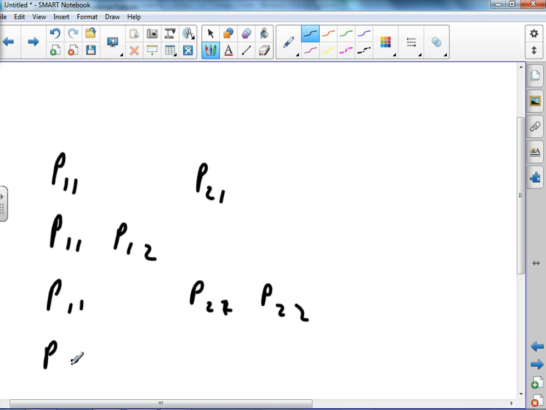Or I could do P11 with P21, P22, P23. Either 1, 2, or 3 separate steps. In the second procedure, either 1, 2, or 3 steps.